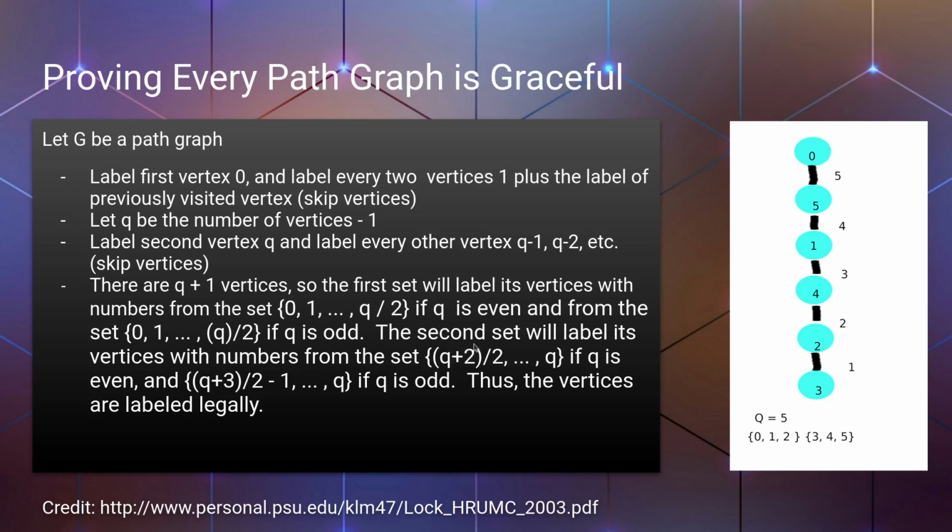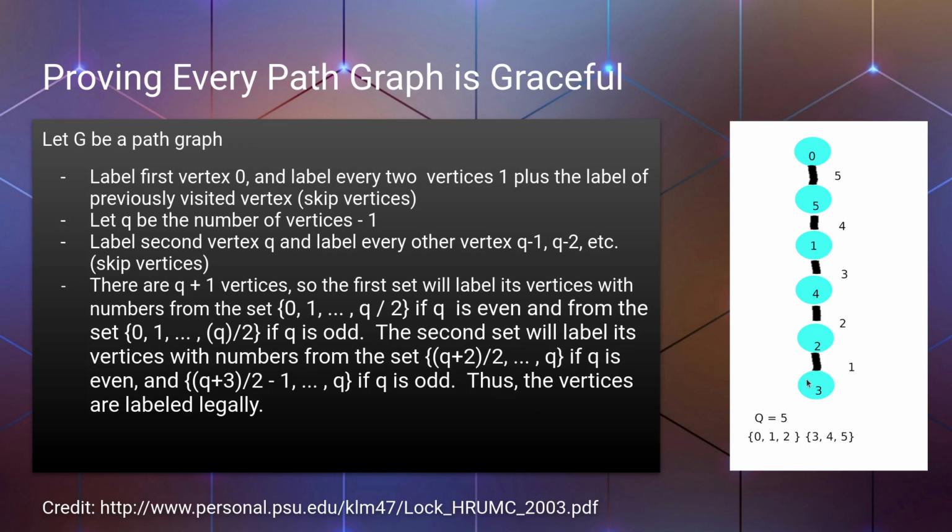In the second set, we'll label its vertices with numbers from (q plus 2) divided by 2 to q if q is even, and (q plus 3) divided by 2 minus 1 to q if q is odd. So in our picture, it's not quite as sequential as I'd like it to be to explain this, but in terms of organizing our set, we're going to have it go from least to greatest.